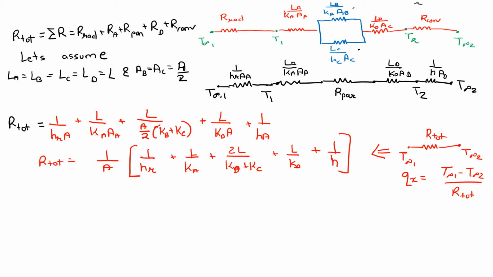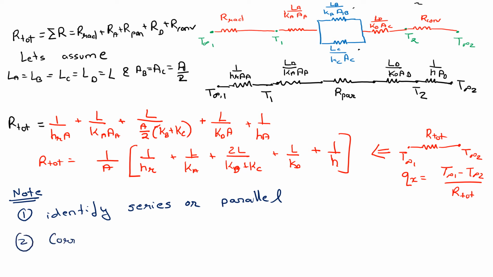So what are the few important things that we need to note? You should identify if the resistances are in series or parallel, and draw the correct circuit diagram. That is the second thing: draw the correct circuit diagram.